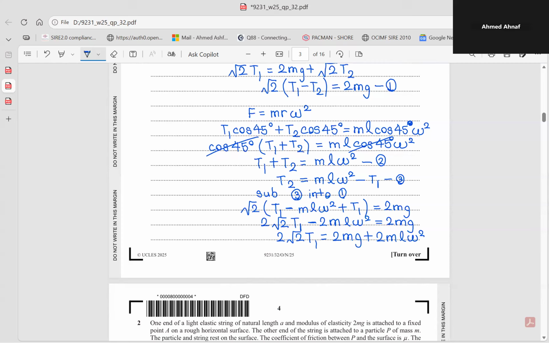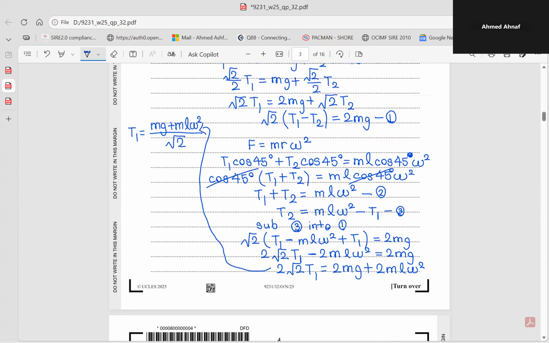Simplifying this, you would get T1 equals mg plus mL omega squared over square root 2.